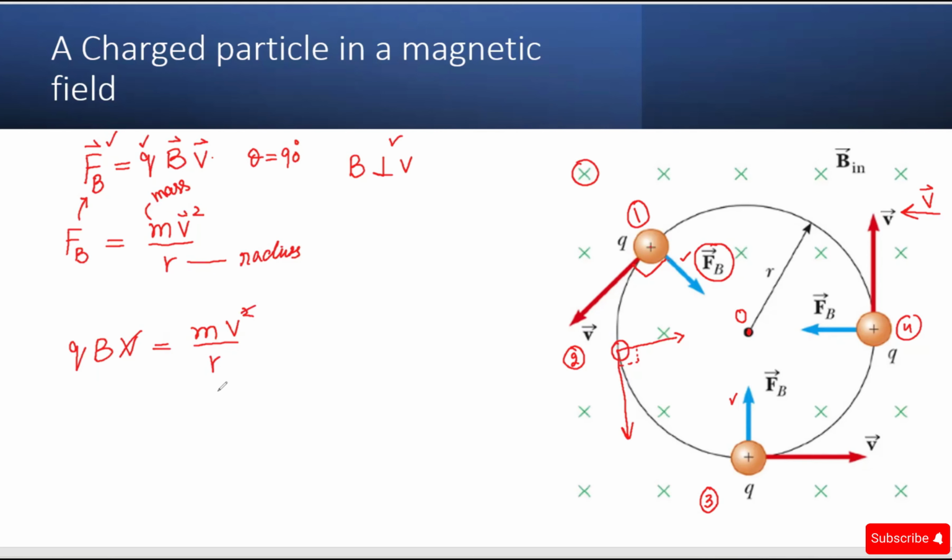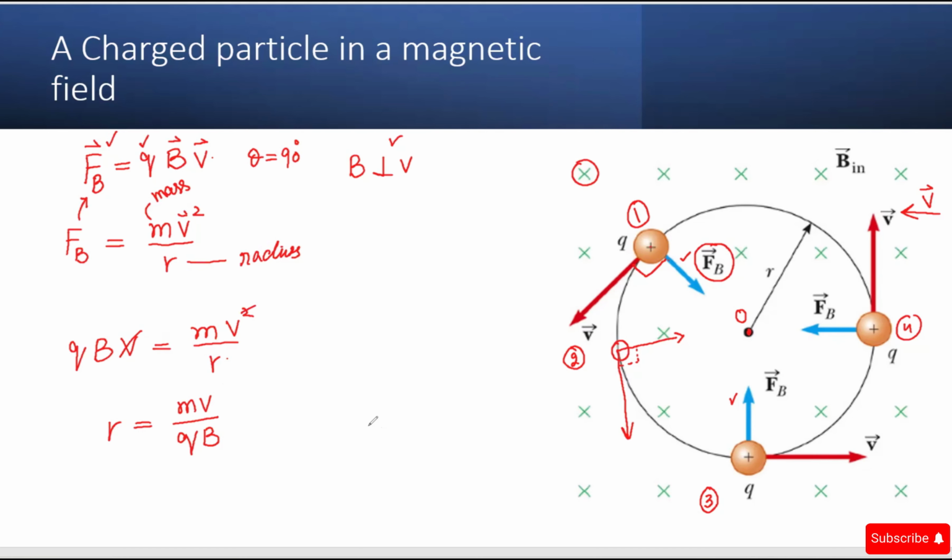Now let's rearrange this equation to find this radius. So this r will go to the left side of the equation, and this factor qB will move toward the right. Then we get mv over q times the strength of the magnetic field.